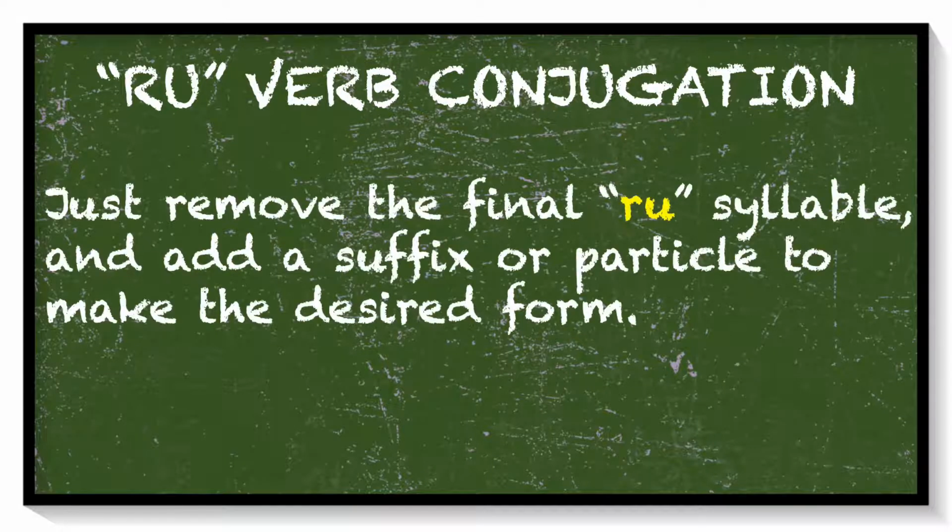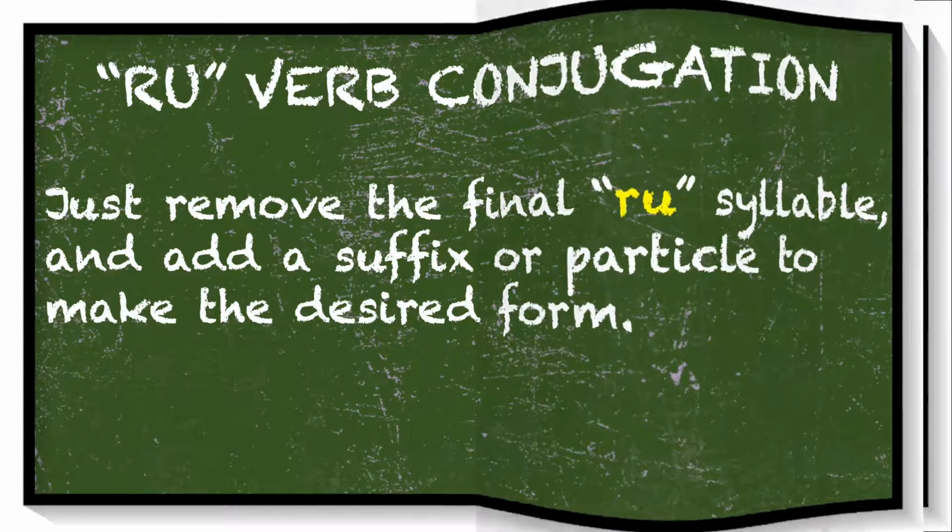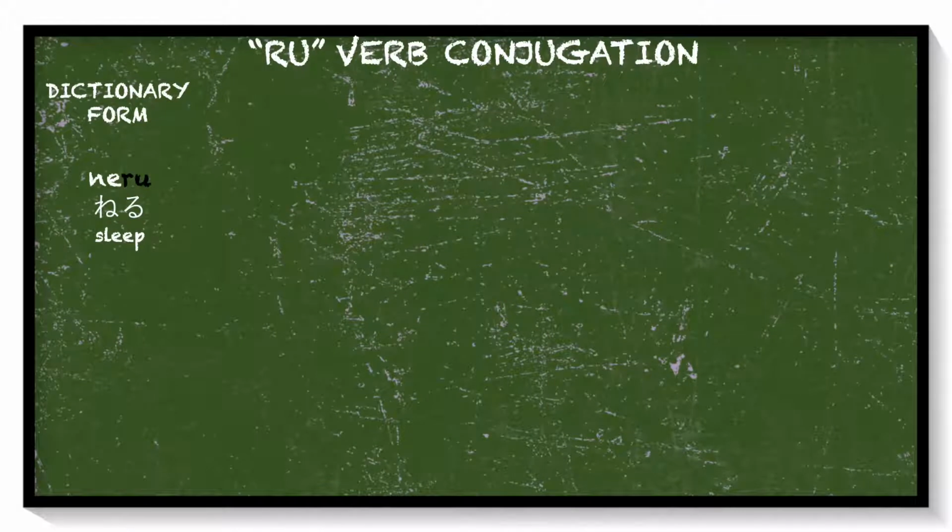To conjugate ru verbs, just remove the final ru syllable and add a suffix or particle to make the desired form. For example, the dictionary form 寝る, which means to sleep.